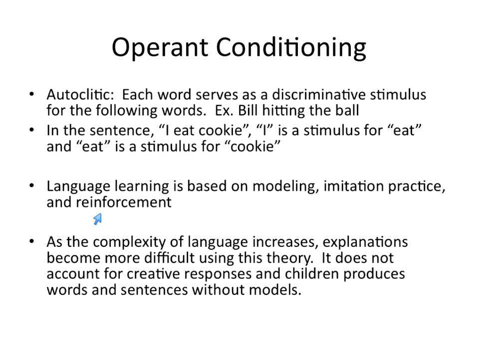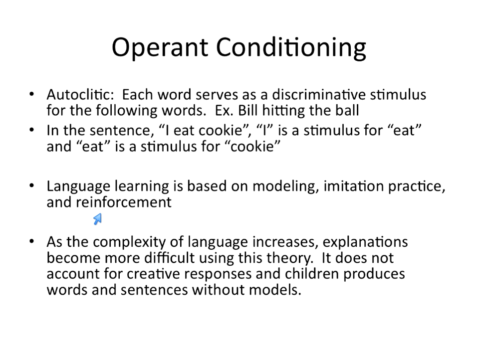So, operant conditioning, the behaviorist theory of how children learn language, becomes more difficult to prove as language becomes more complex. It's hard to really appreciate this idea of autoclitic reinforcement.